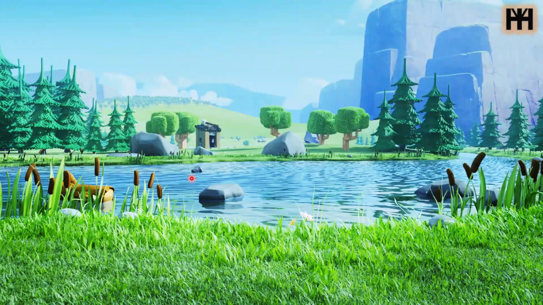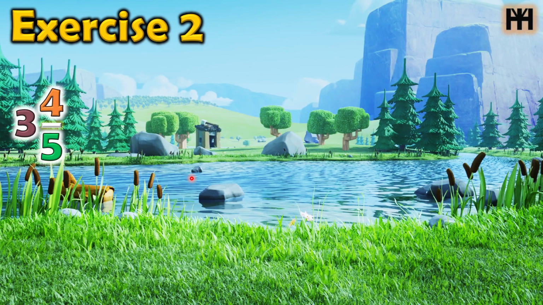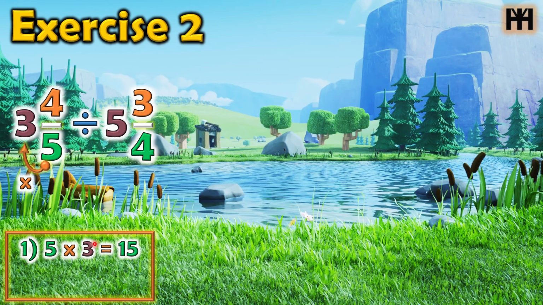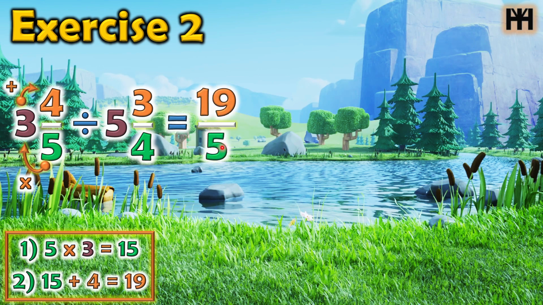Okay, exercise 2. Let's say we have 3 and 4 over 5, divide 5 and 3 over 4. Okay, first let's turn this into an improper fraction, so 5 times 3 is 15, and 15 plus 4 will be 19, so it's 19 over 5.